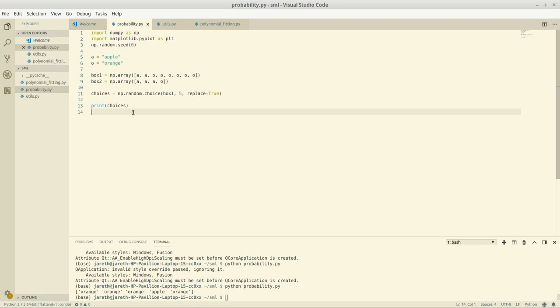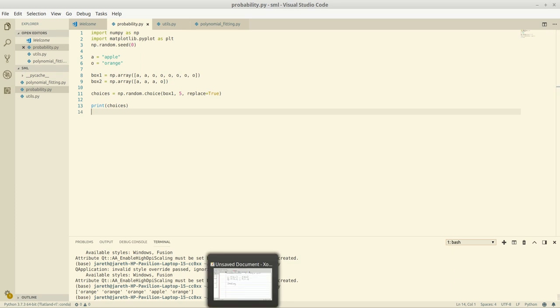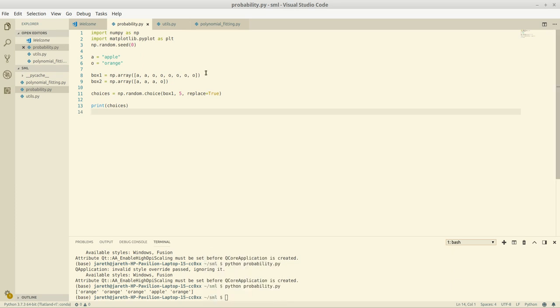But the true probability for apple is actually 25%, and orange is 75%, because if we look back here, we have 2 apples out of a possible 8, and 6 oranges out of a possible 8. So this is what we mean by the sample size influencing how accurate your probabilities are. The more you sample, the closer you get to the true probabilities.